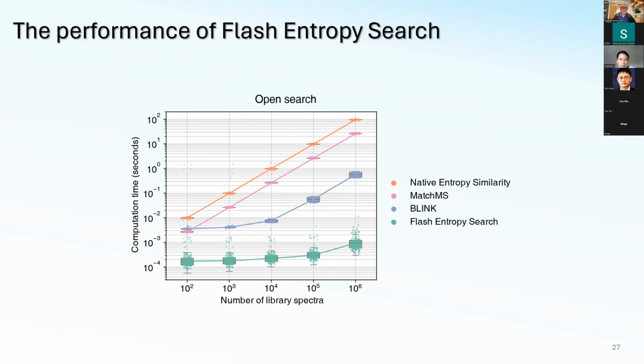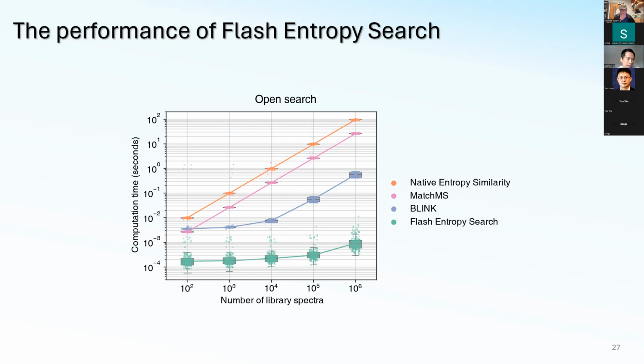Then we searched these 200 spectra against the different library sizes, and when we searched the 1 million library, it needed less than 1 millisecond to perform an open search. So we think our method is fast.